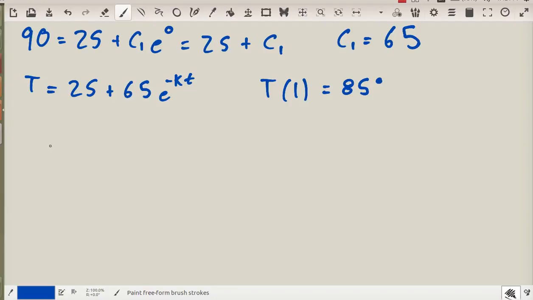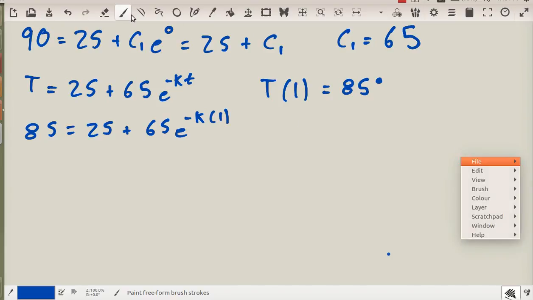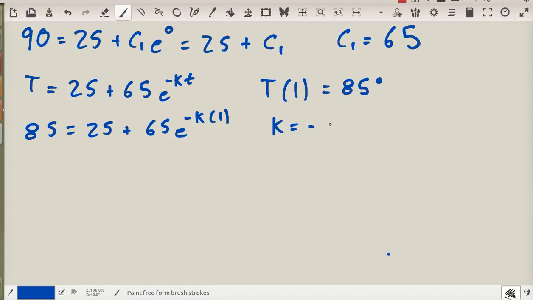So we know that 85 is equal to 25 plus 65 e to the negative k, with just a 1 there. From that, you're able to solve for k using your calculator. You get k is equal to negative 0.08.